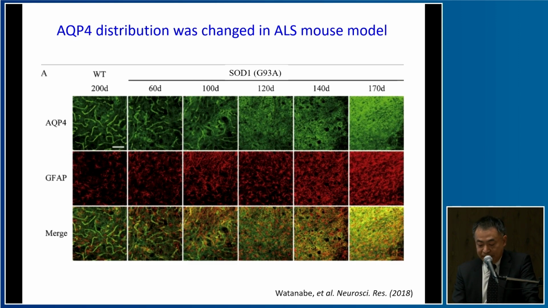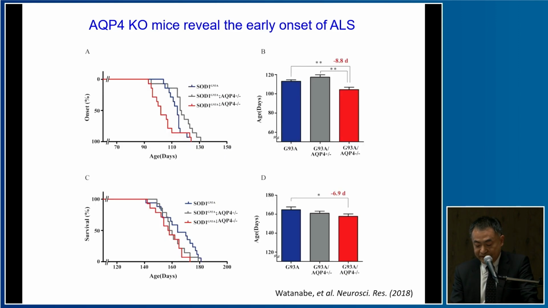Based on these findings, we again combine the ALS transgenic model and aquaporin knockout. The red line shows the disease onset age. So this combined mouse model has earlier onset of ALS.